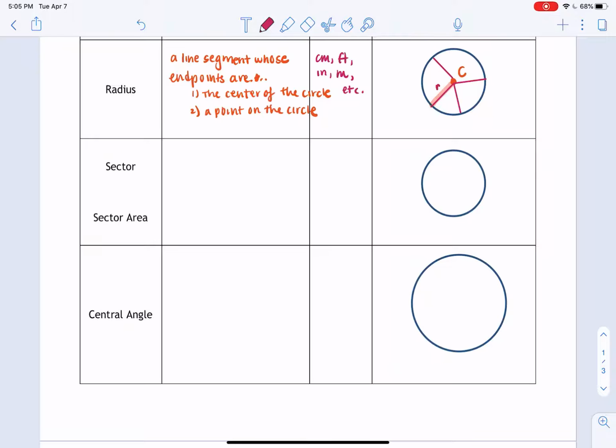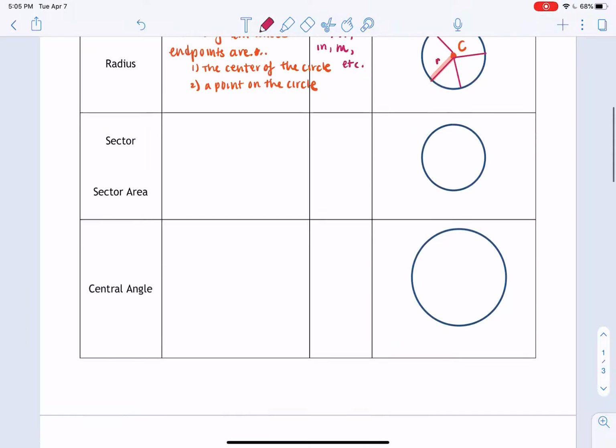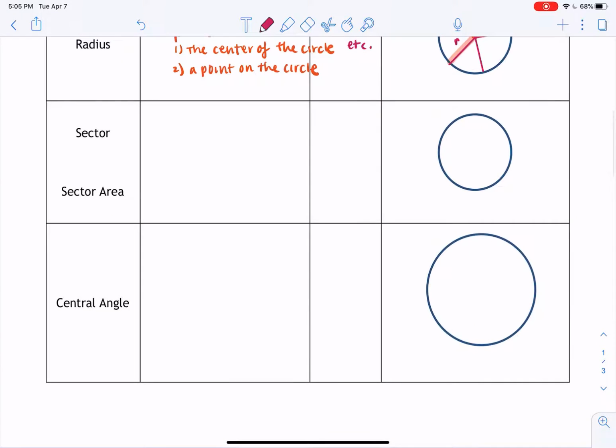These next two boxes are new. These are new vocabulary words that are really important for us to know. So again, we're going to start with the center of our circle. So sector is a part of the circle enclosed by two radii. So what does that look like?